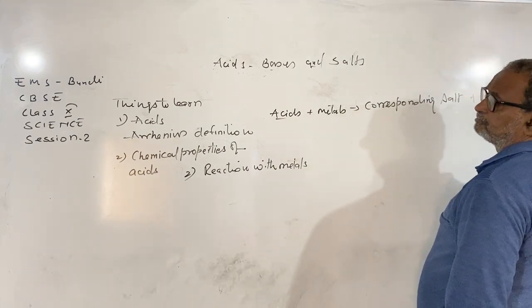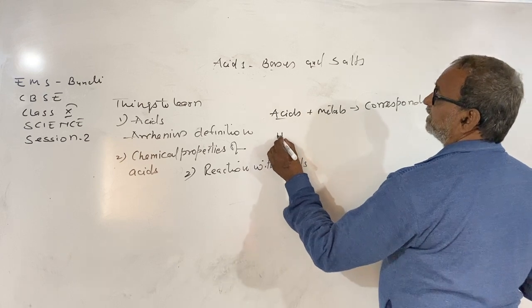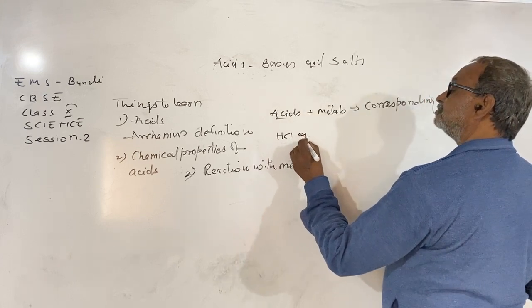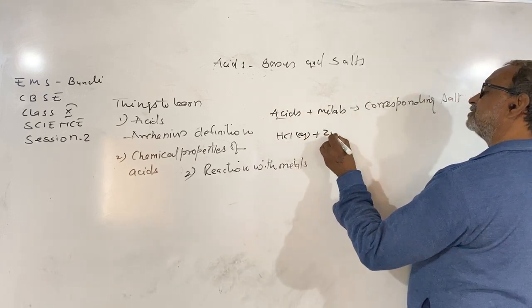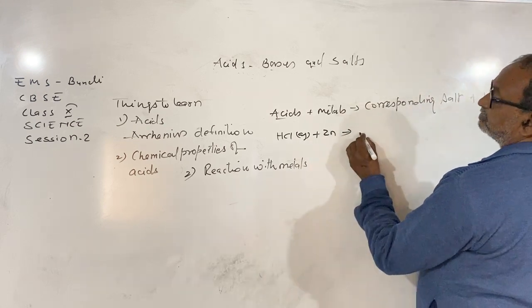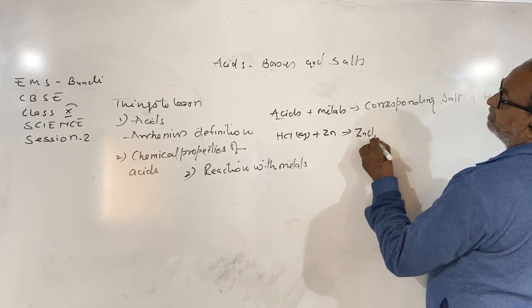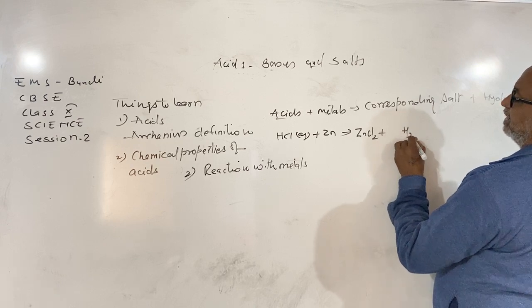For example, hydrochloric acid reacts with zinc to form zinc chloride and liberate hydrogen gas.